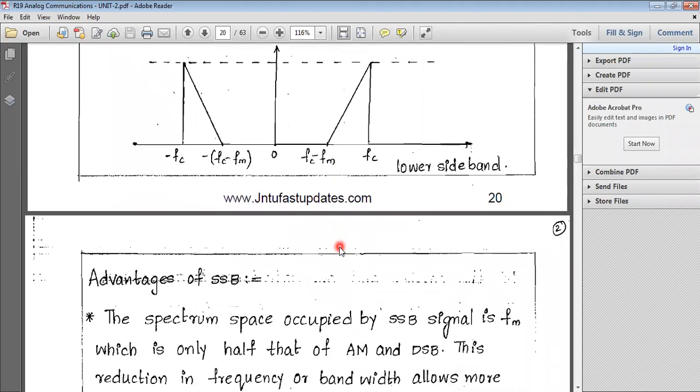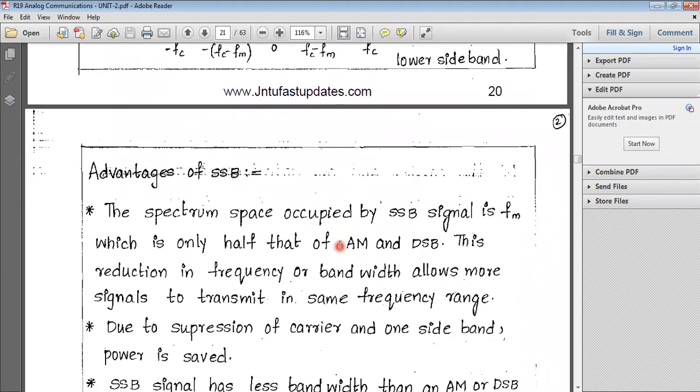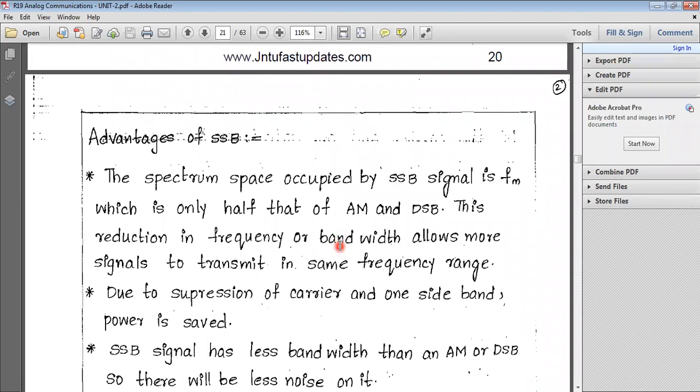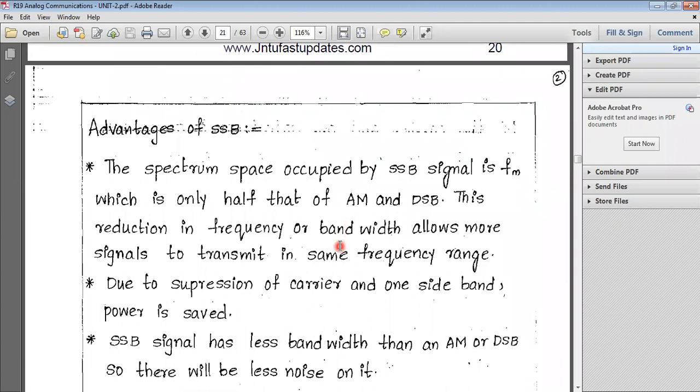Coming to the advantages of SSB. What are the advantages of SSB over normal conventional AM or DSB SC? Compared to DSB SC and conventional AM, what is the main advantage of SSB?